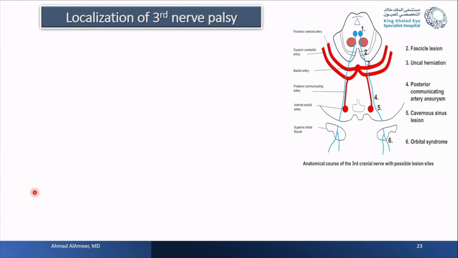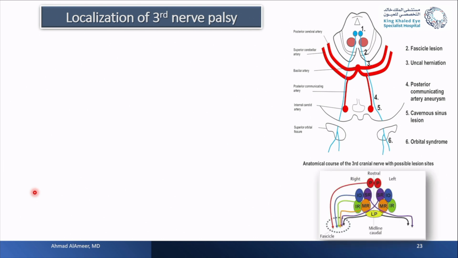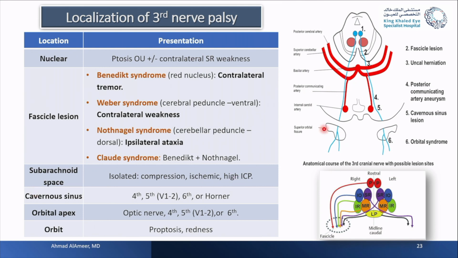Okay, I think we have time to discuss this. It's going to be a little complicated, but try not to memorize, just understand. If you understand the anatomy of the third nerve, you will understand the etiology. We said the third nerve here is located in the midbrain.